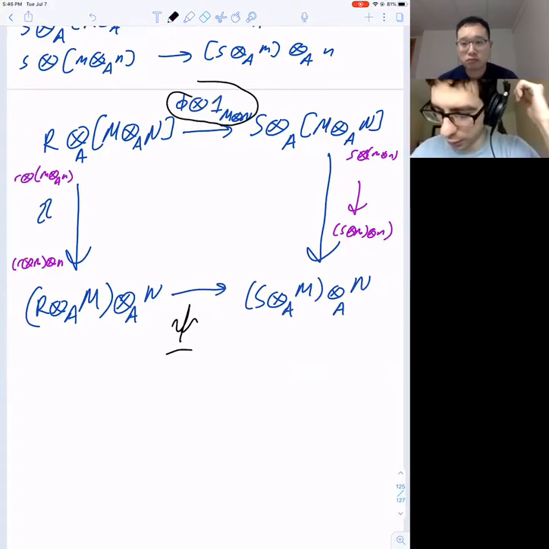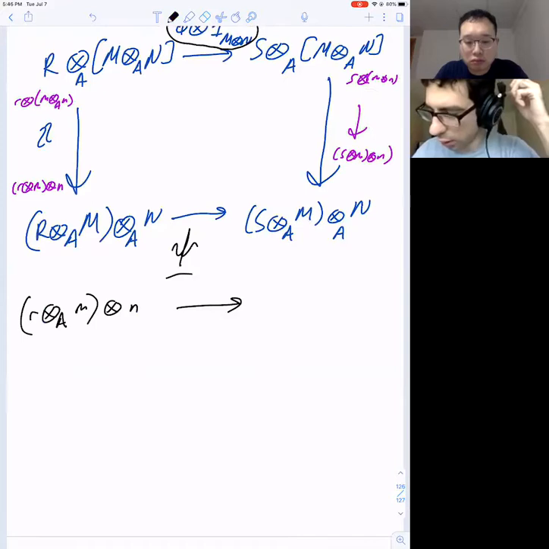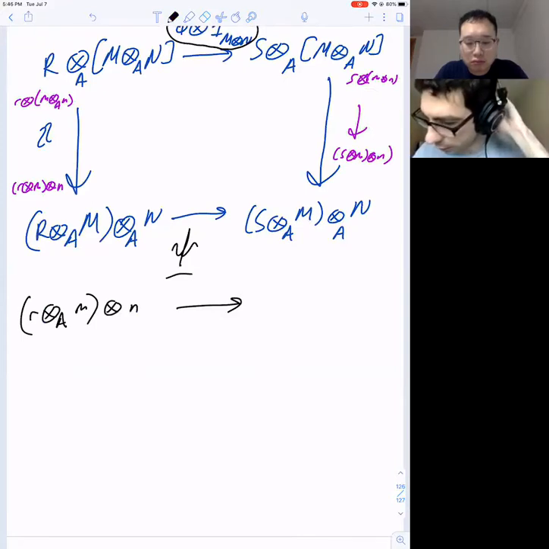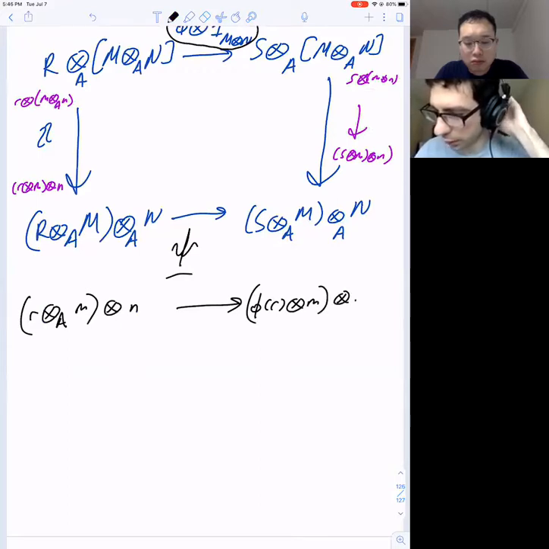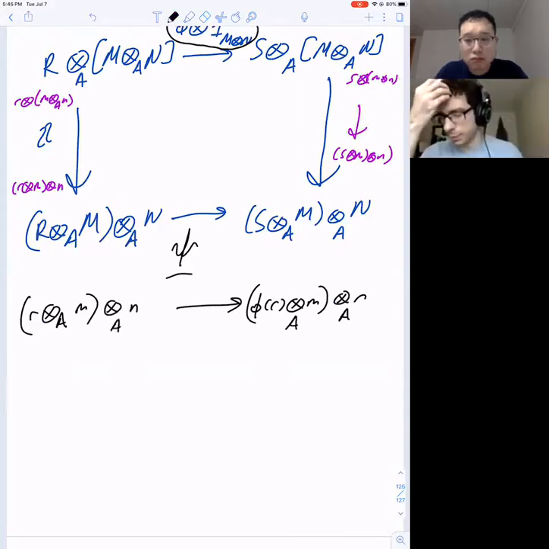Here, this map R tensor A M tensor N goes to phi of R tensor M tensor N. Okay, wait, what's going on?